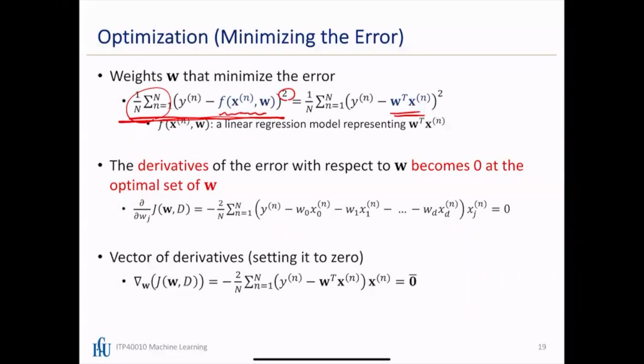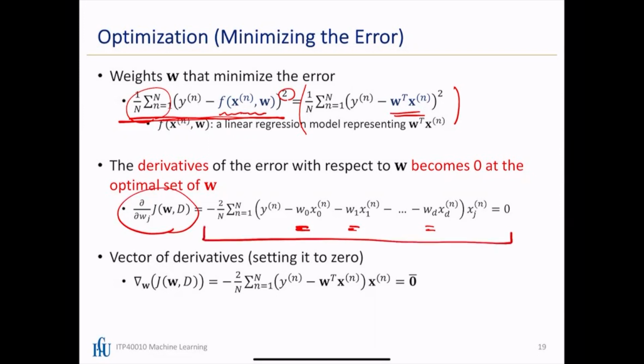If you take the derivative of this, especially the partial derivative of this error term, so that we can trace back the value for each W. If you take the partial derivative of J in terms of each W, then you can come up with this.